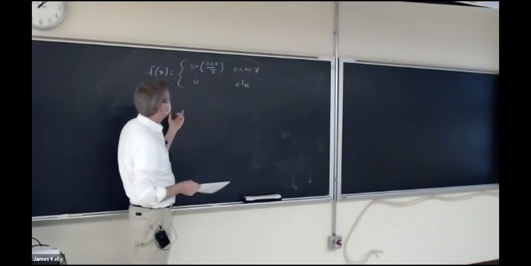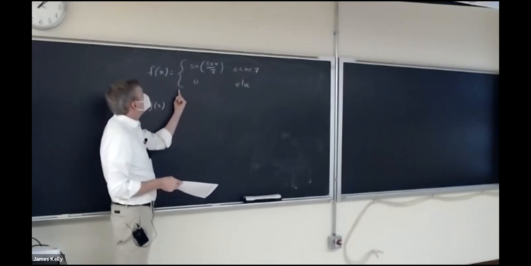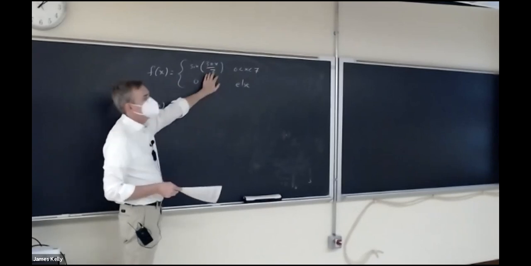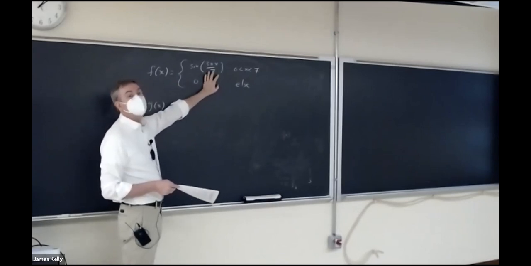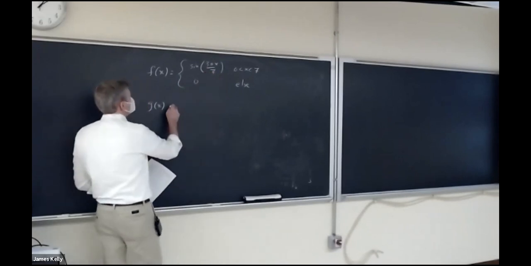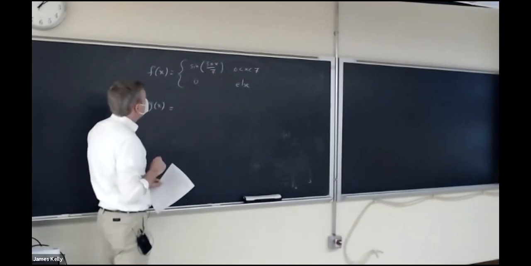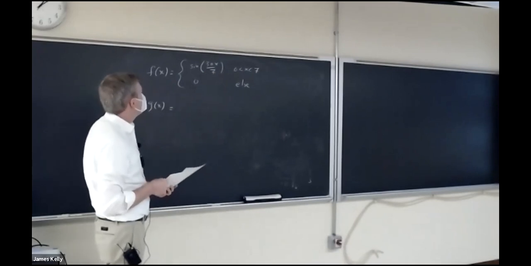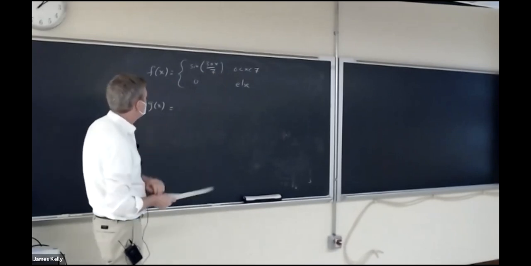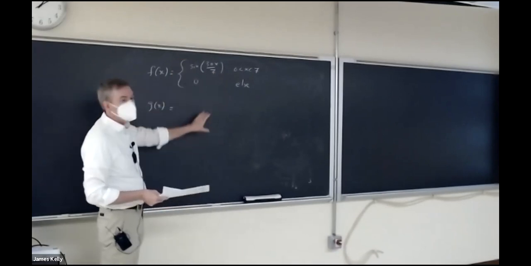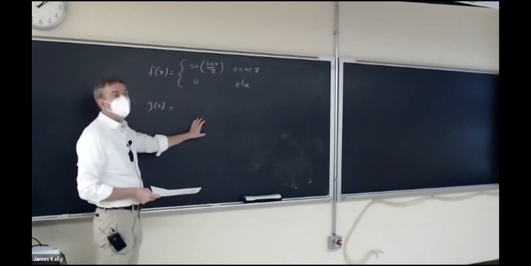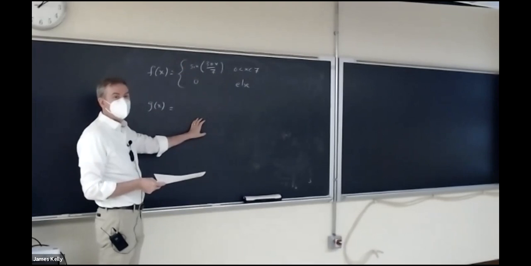But it might be more of a challenge to say, well, okay, how about we say your function can't just be zero in the region between 0 and 7. Let's make it a little bit interesting. But come up with an example of a function g of x that isn't just 0 between 0 and 7, and yet has a 0 inner product with this function, using our knowledge already from the infinite square well work that we've done.